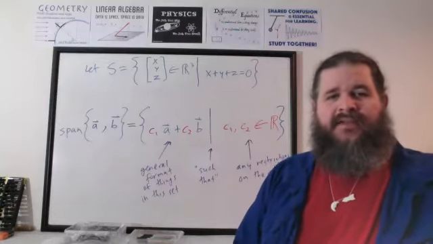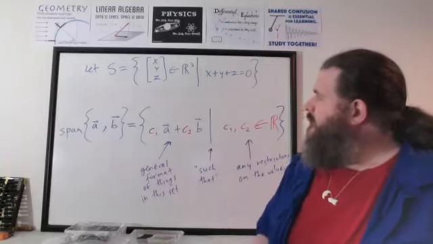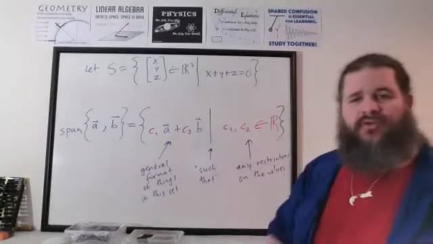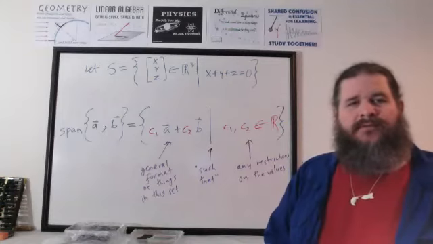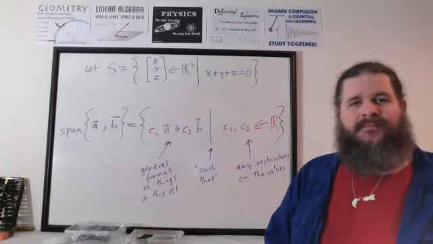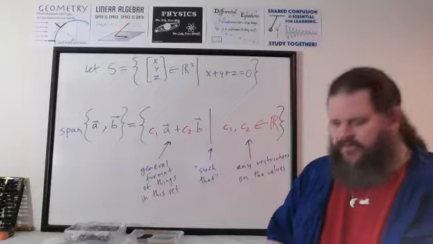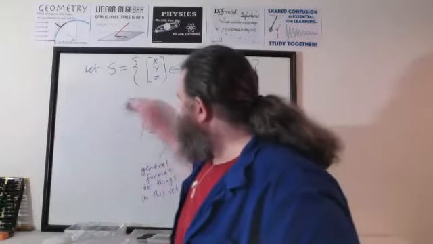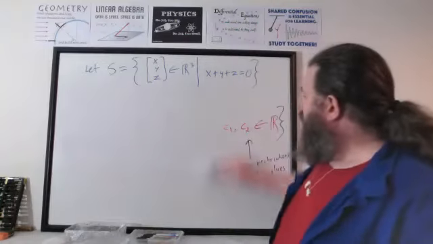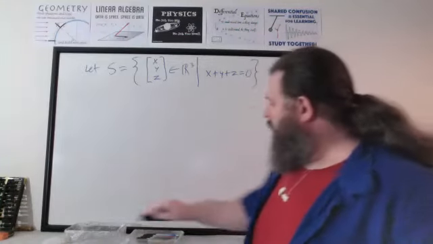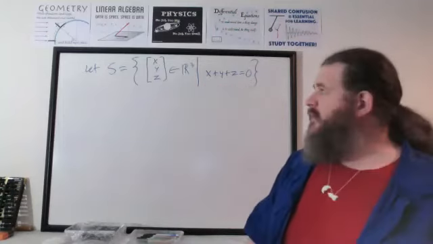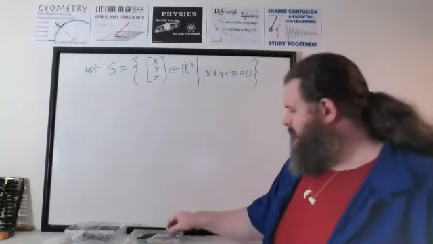So this would be a set of, and would this be infinitely many vectors? Are there infinitely many vectors that could make this restriction true? Let's see if we can figure some examples. What would be an example of a vector that makes this restriction true, something that really is a member of this set?